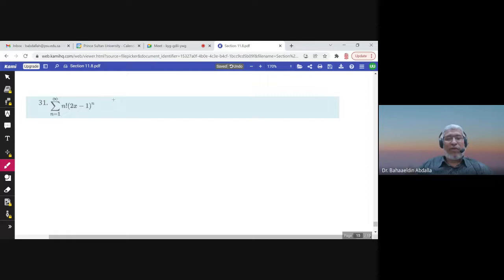I have n factorial, so I'll use the ratio test, n plus 1 factorial, to x minus 1 to the power n plus 1. Here I have n plus 1 when you cancel these two, and I have absolute value of 2x minus 1 to the power 1 inside the absolute value.